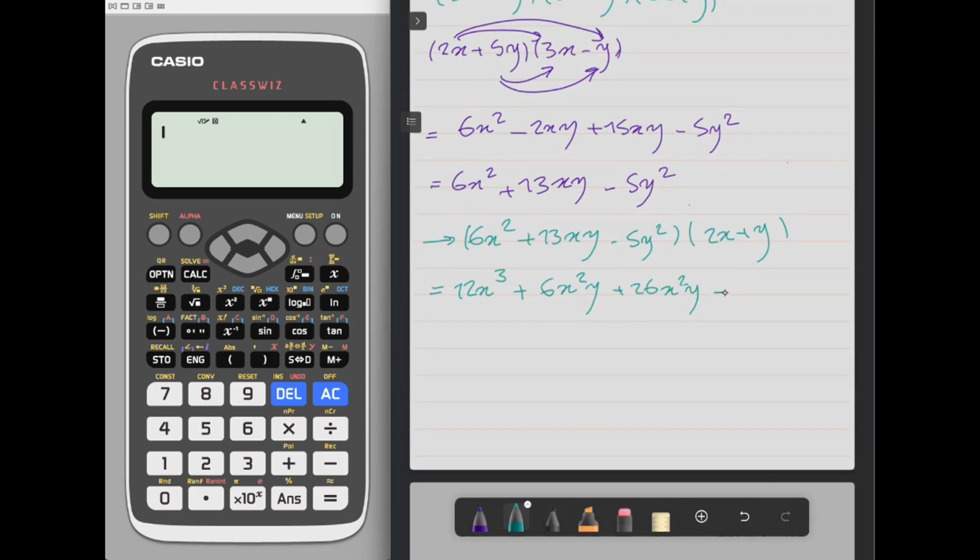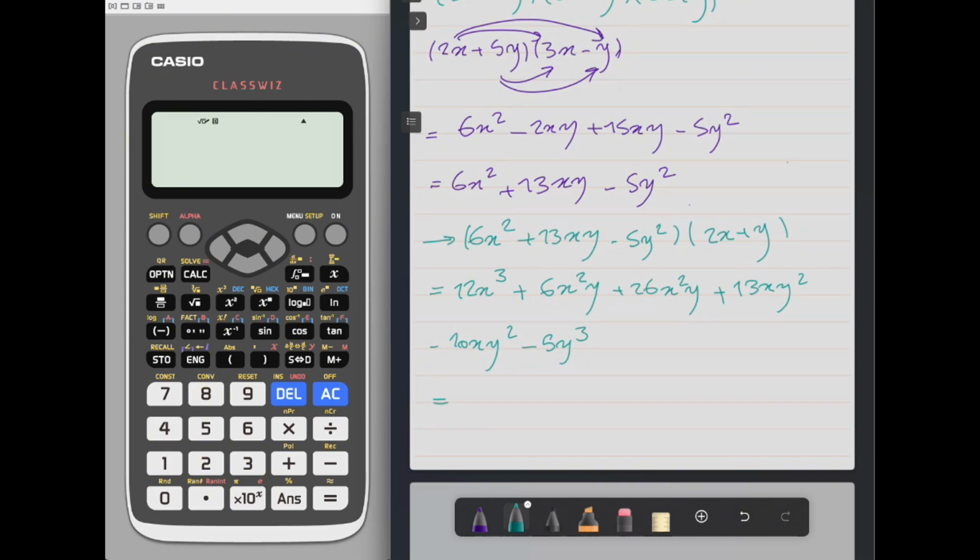Plus 13xy times y, 13xy squared. Minus 5y squared times 2x, minus 10xy squared. And minus 5y squared times y, which is equal to minus 5y cubed.